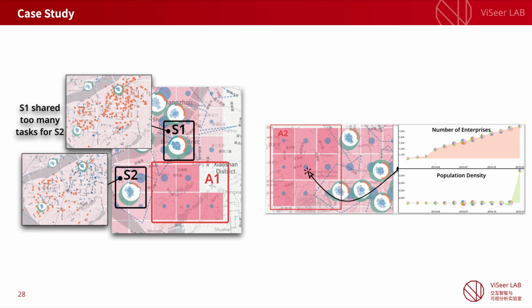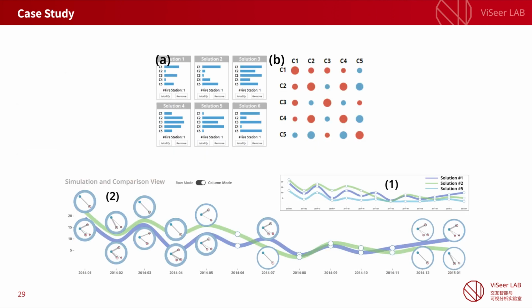A2 is too strained for firefighting resources due to its dense population, high degree of industrialization, and proximity to the central city. In other words, for A1, the problem can be mitigated by reallocating resources, while for A2, a new fire station is required. Therefore, the expert tried to use the system to plan the location of the new fire station. After exploring and comparing, a more satisfactory solution was finally obtained.